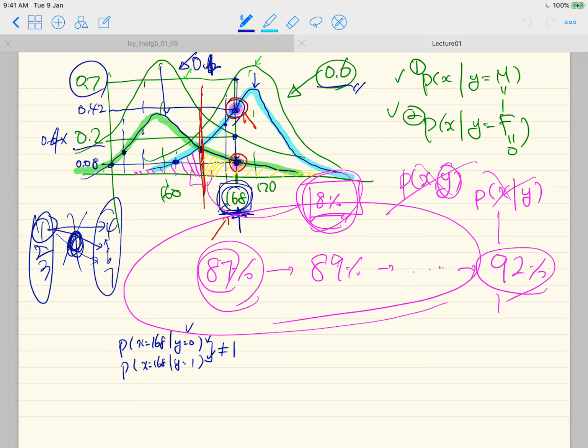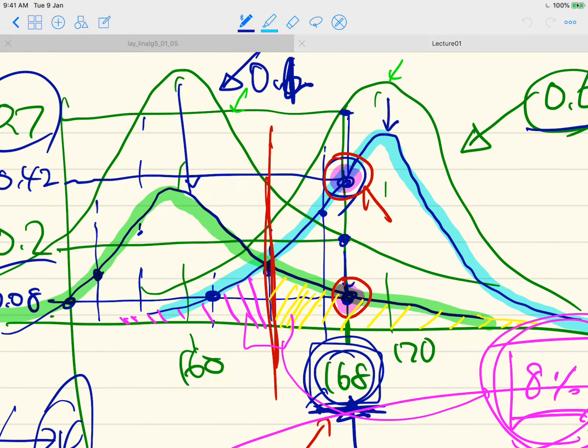Okay, so related to the question that I received during the break. Let's consider the Bayes rule in this case. If we just consider the likelihood of P of X given female and male, and we do not consider the prior, then what will be our classification boundary?